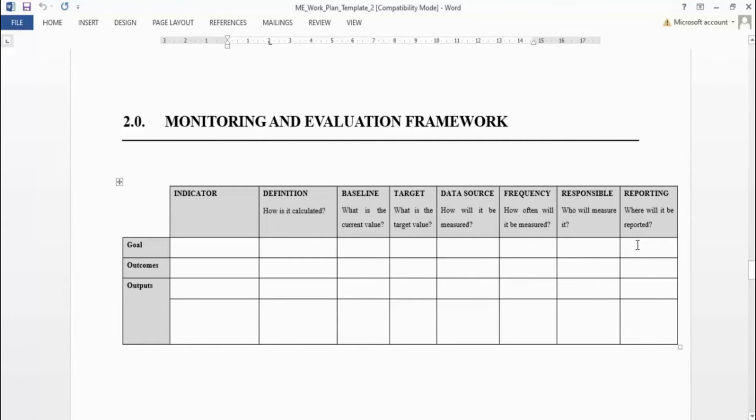So these things are in the framework, and the framework just summarizes how you're going to be dealing with these different indicators. And that's what I love about it because it's so easy to use, so easy to populate, and it doesn't get any better than that.